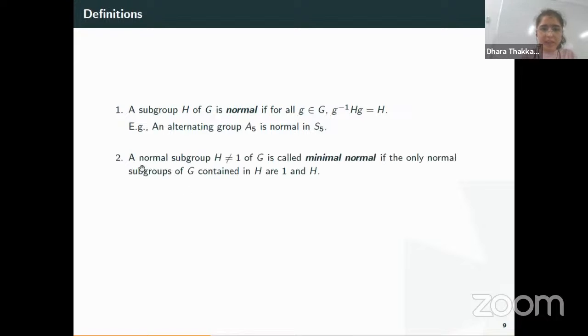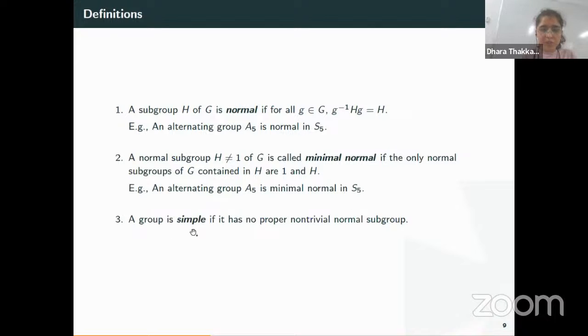Then we say that a normal subgroup H is minimal normal if it does not contain any normal subgroup of G other than H or 1. So that is what we call a minimal normal subgroup. And the same example, A5, is minimal normal in S5.